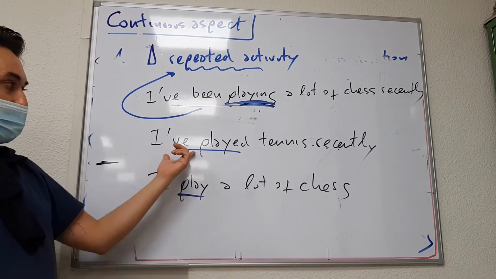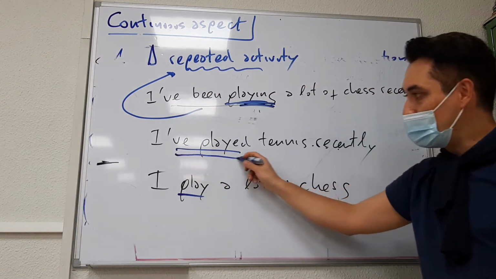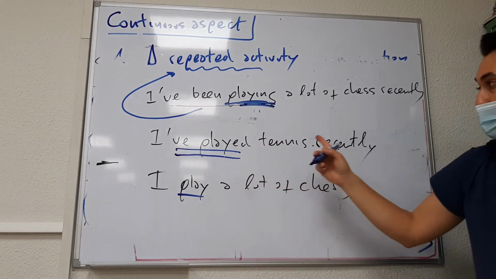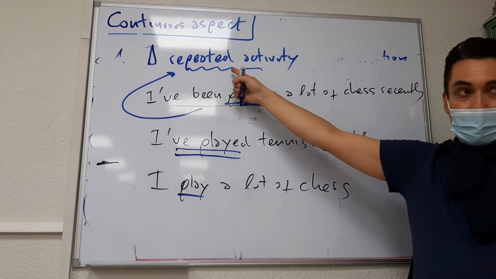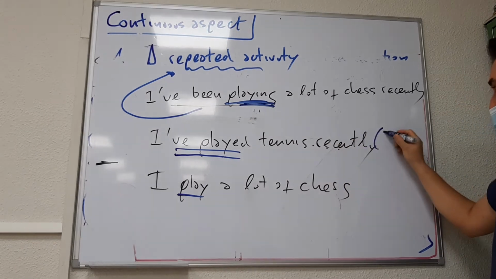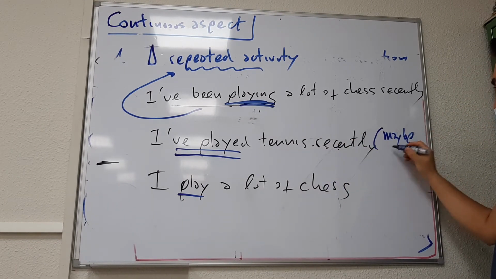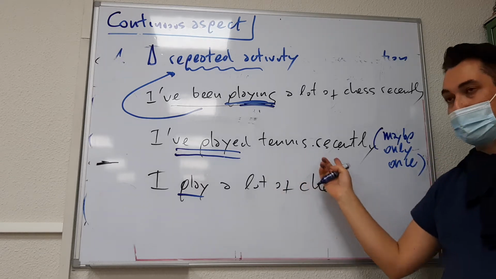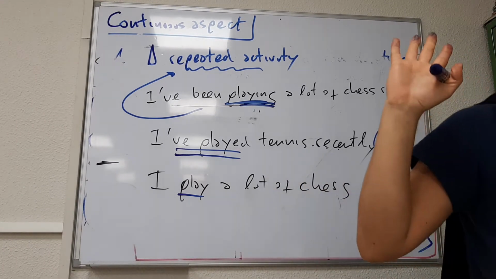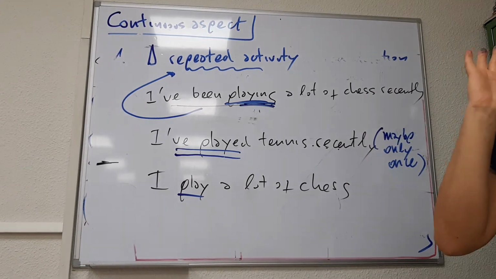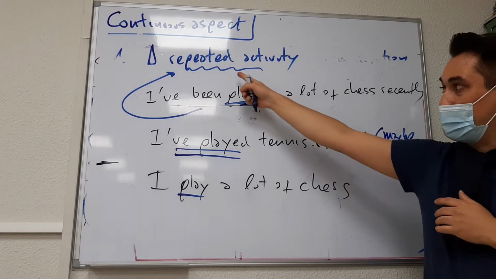If I say I've played tennis recently, if I use the perfect tense, I'm not emphasizing that it's a repeated activity. Maybe only one time. I'm not emphasizing that it's repeated.